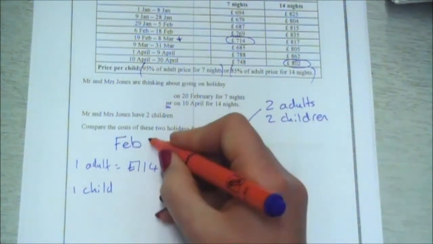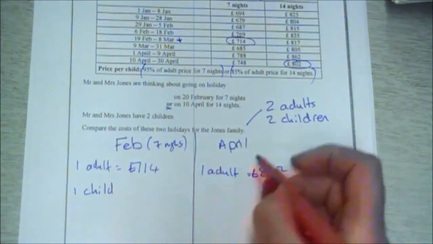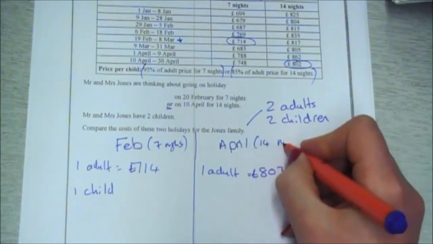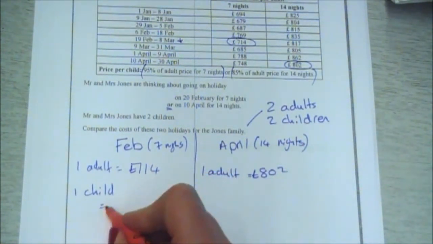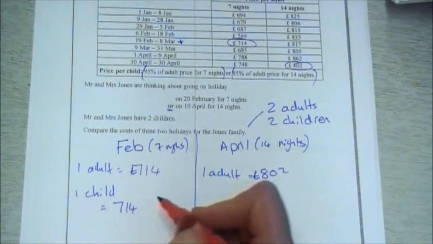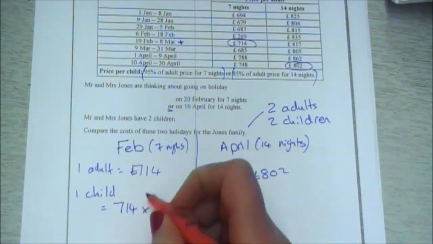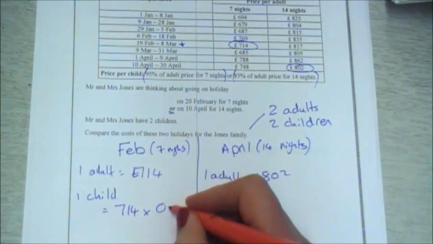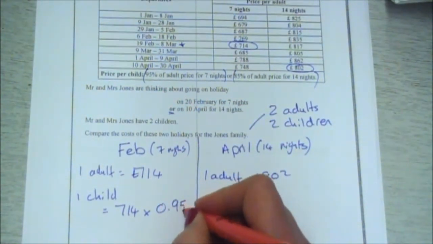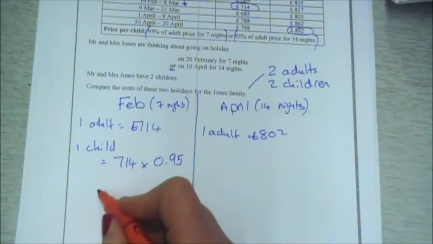Since the one in February is for 7 nights, and the one in April is for 14 nights, we're going to have to multiply to find the child cost. The adult price, which is £714, times by the 95%. In order to do that on a calculator, you're multiplying by 0.95.